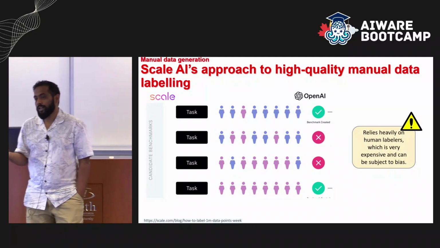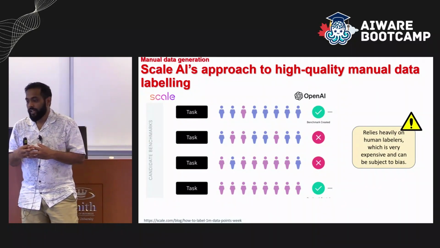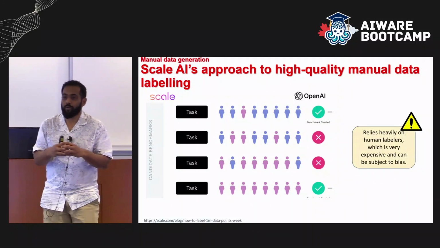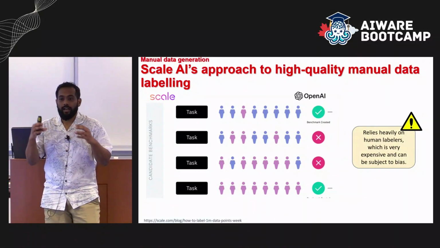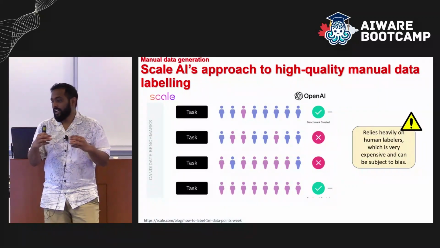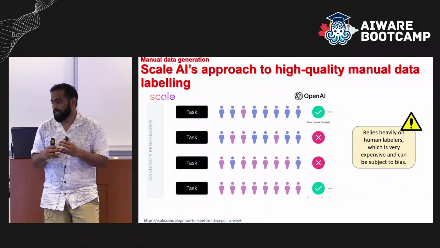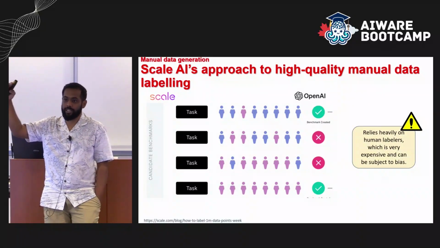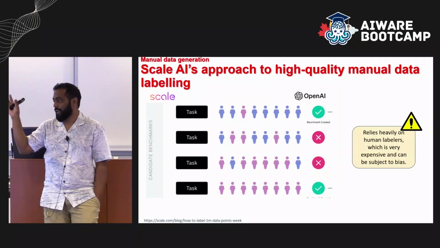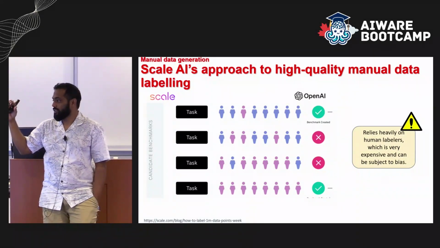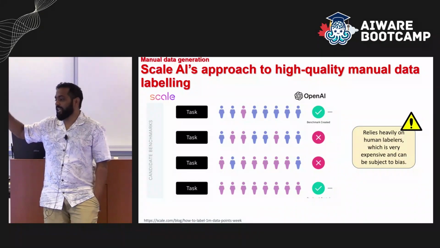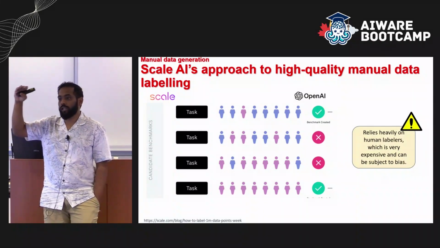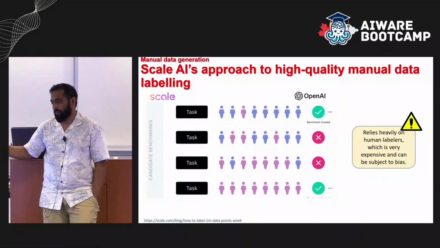To ensure high quality, they first collected a few benchmark data points, evaluated a bunch of labelers, and assigned a few labelers as the benchmark labelers. They constantly evaluated the benchmark labelers' performance against the benchmark task to keep this set of, let's say, golden reviewers who create golden labels, and every other person's label was compared against them, so that the quality could remain consistent even through the manual labeling process.